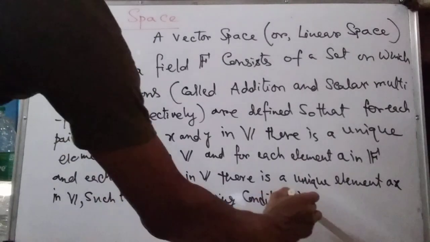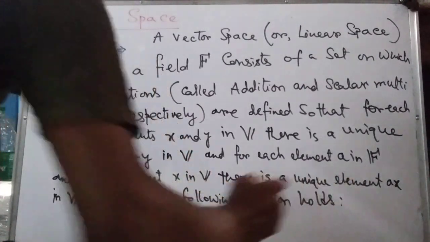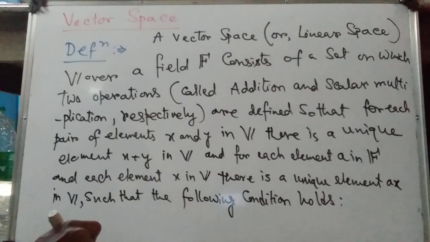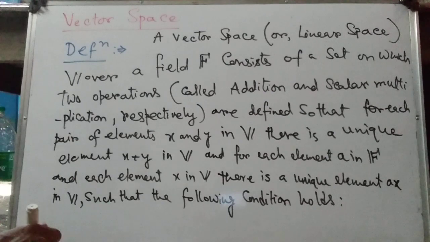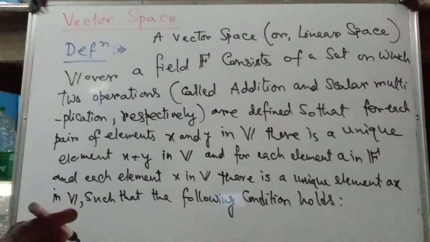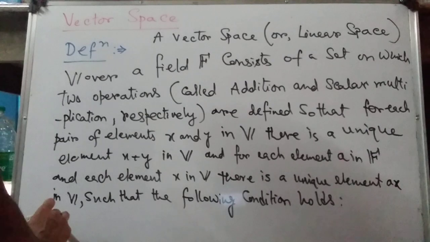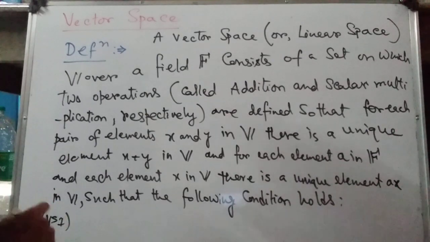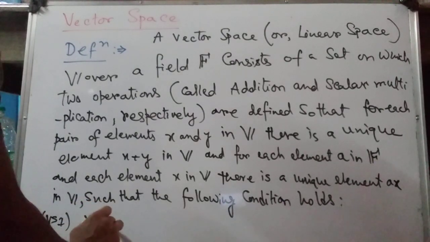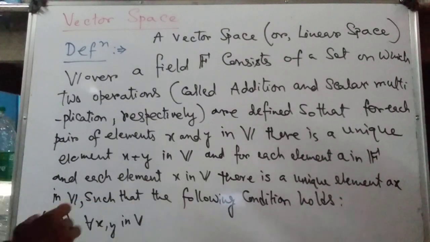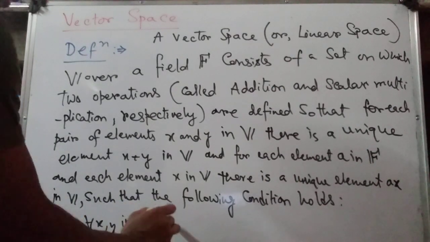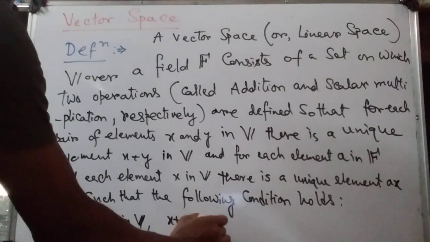First one, VS 1: for all x, y in V, x plus y equals y plus x.